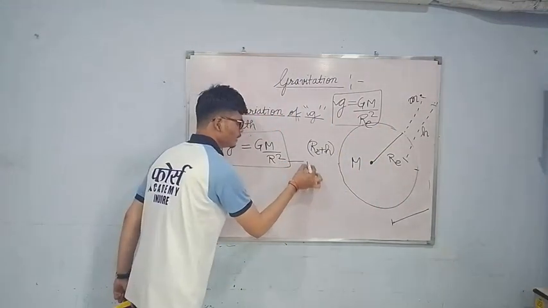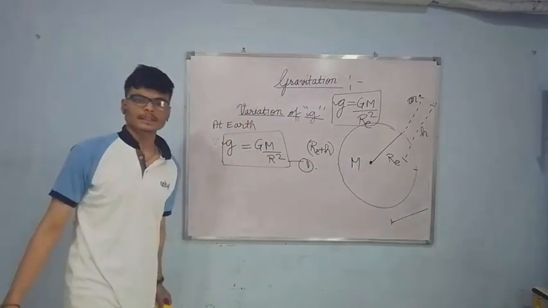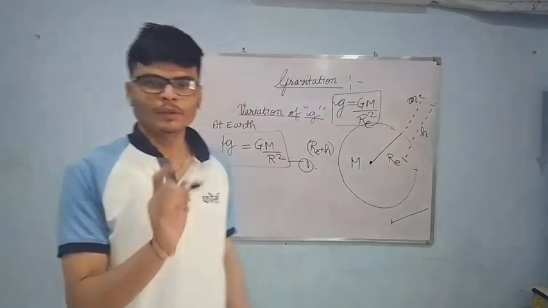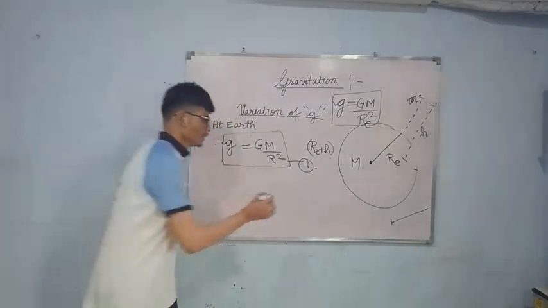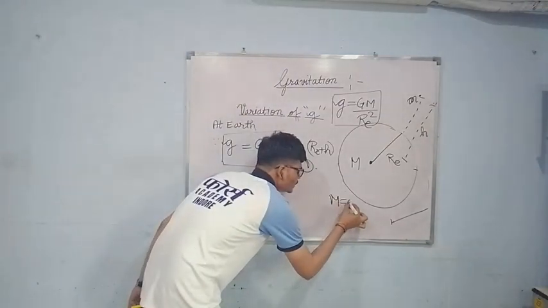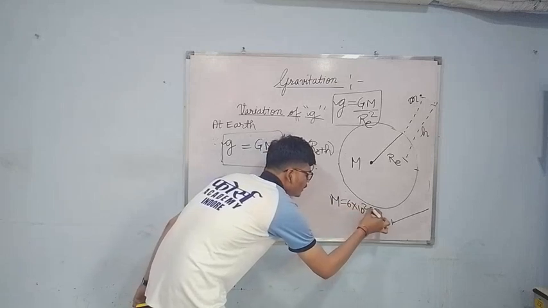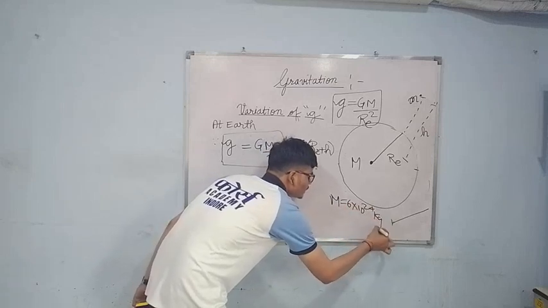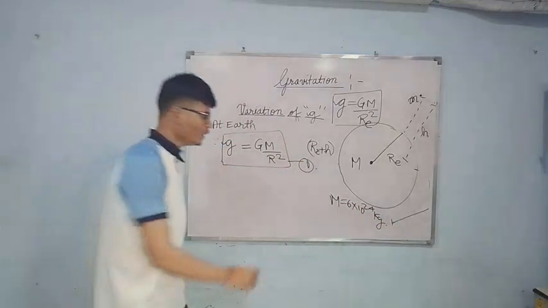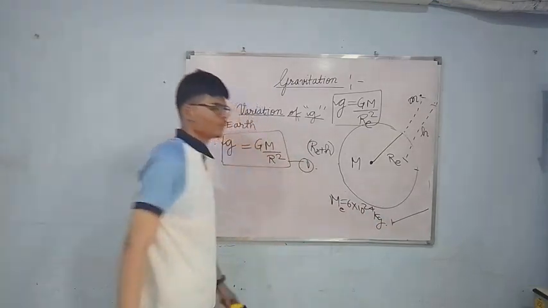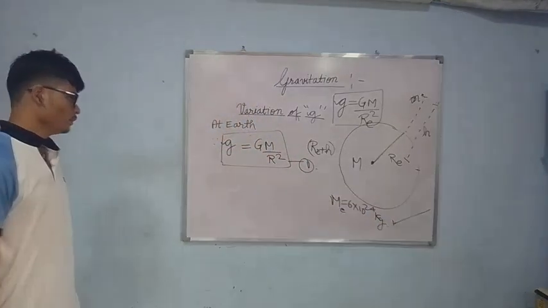Mass of earth is 6 into 10 to the power 24 kilograms, a very huge value.